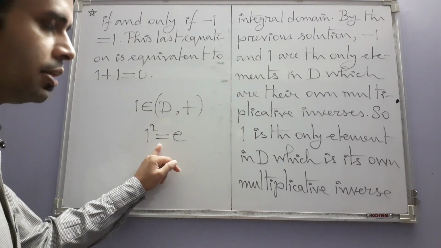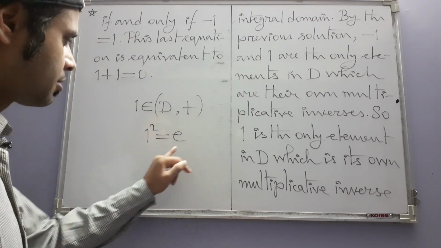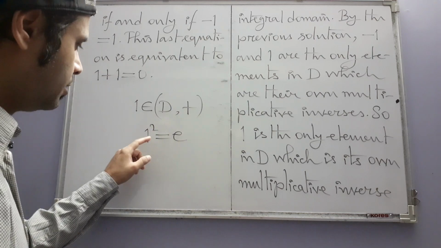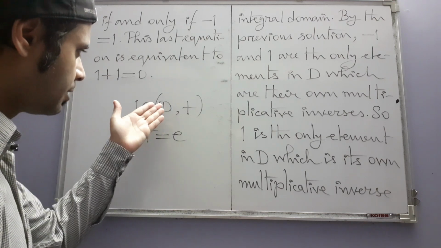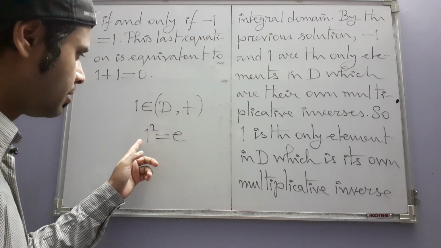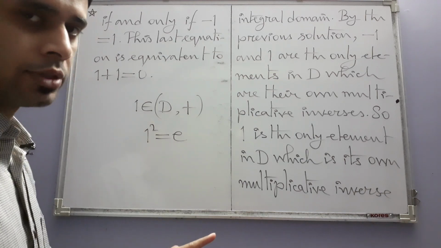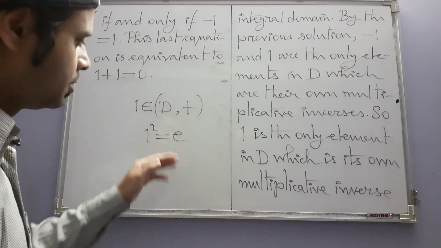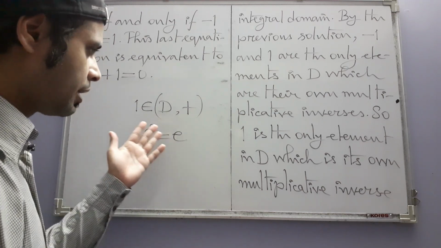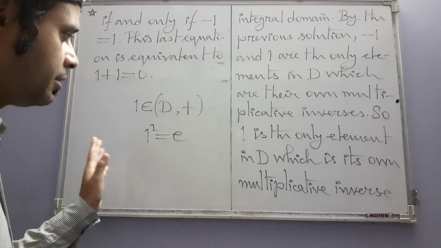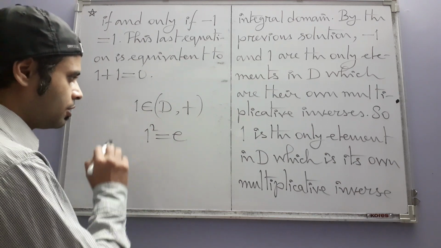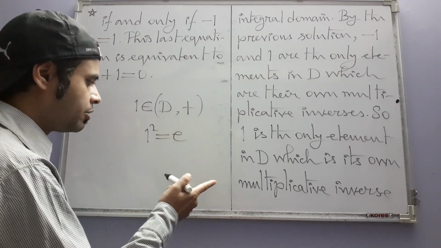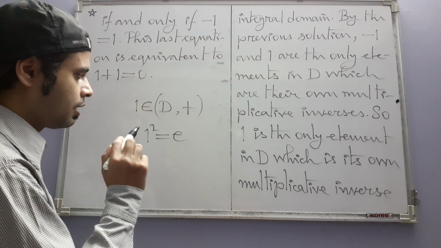So from group theory, what can we say from this type of equation? Namely, that the order of 1 as an element in this group is either 1 or 2. That is because the order has to divide this exponent 2, and because 2 is prime, it can either be 1 or 2. But it cannot be 1. Why? Because in any group, the only element whose order is 1 is the identity element.